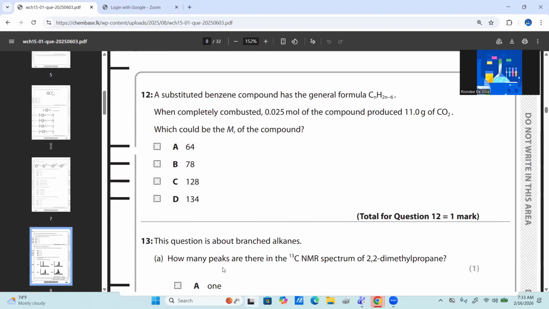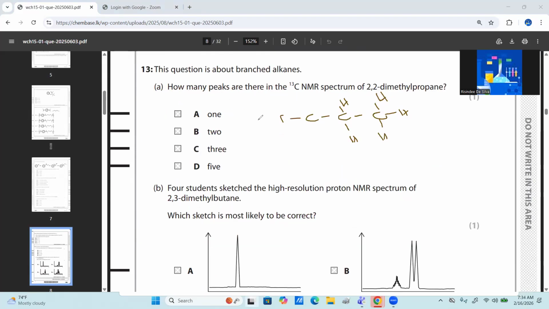Butane is there now: 1, 2, 3, 4, right? So we can see this particular molecule has a center of symmetry. If you cut it, you can divide it into equal halves. So in proton NMR, these two have the same chemical environment, and these two will have another chemical environment. So you have to have only two peaks.